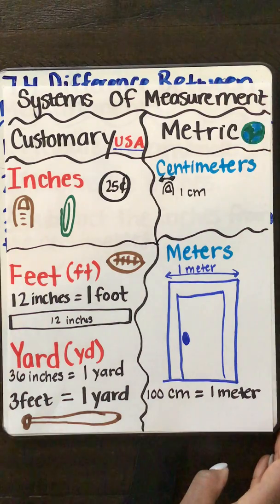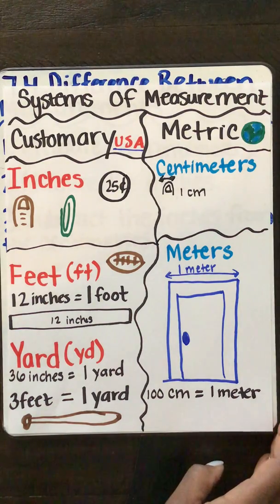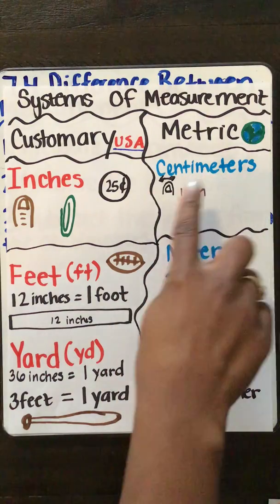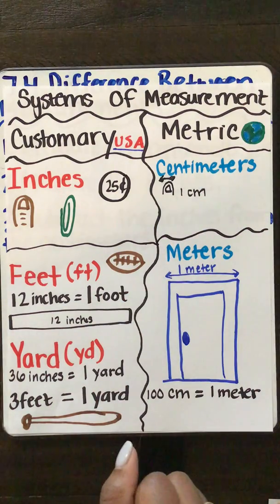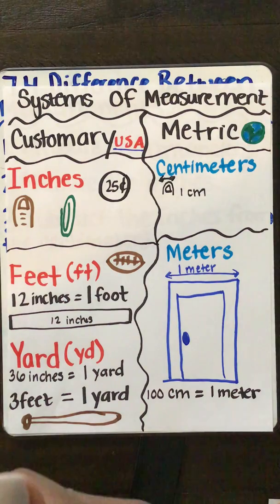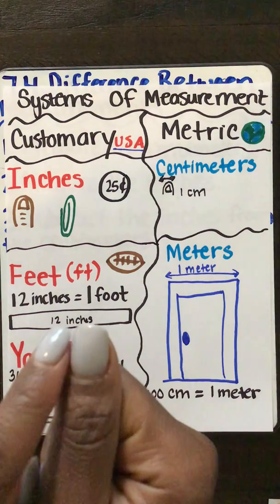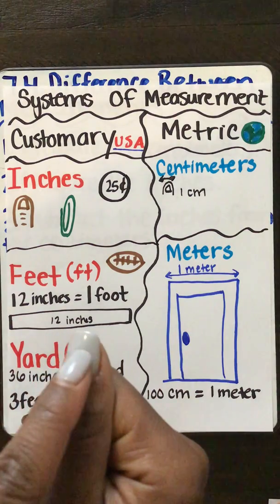Now, on to the metric units of measurement. The first metric unit of measurement is centimeters. Centimeters. So 1 centimeter is about the width of the tip of your finger or your thumb. So think about just going straight across here.